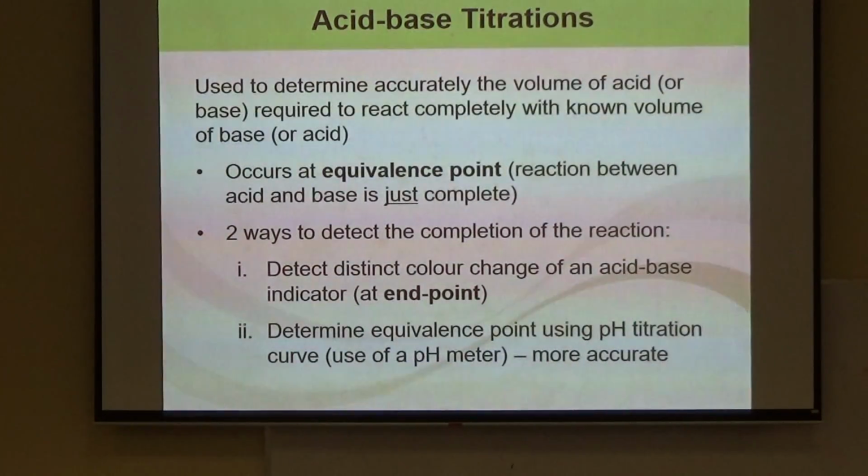If you have everything hooked up to a computer, fine. But if not, each time you add the acid, for example to a base, you need to measure the pH, then take it down and plot it. So it's a lot slower than using an indicator.